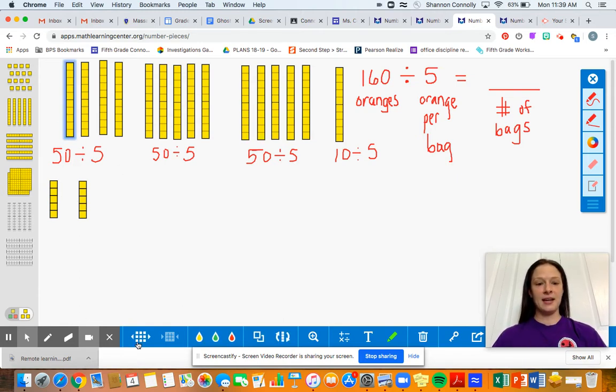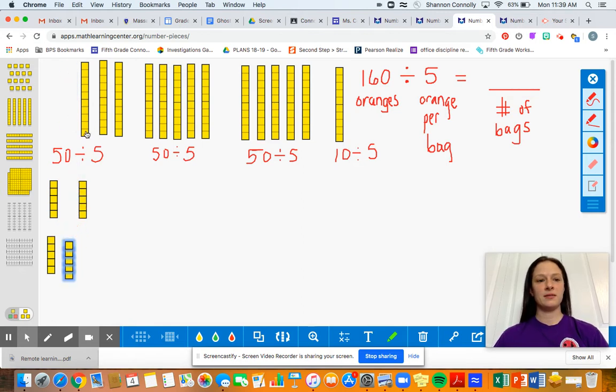And then I am going to think about it again. There's 3 bags. We made 4 bags. And I think you're probably predicting how many bags we can make.